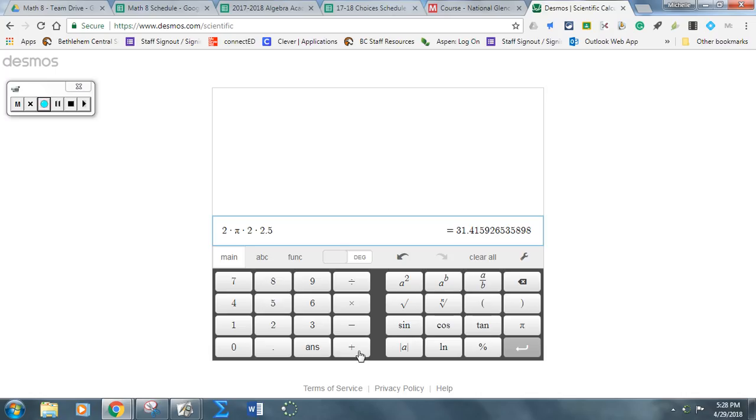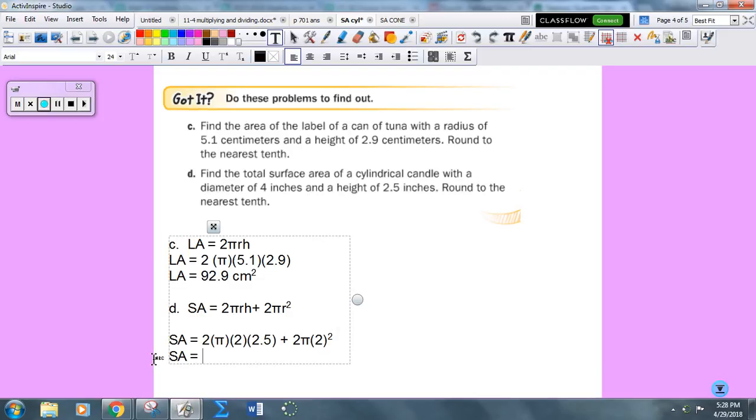That's my lateral area, plus 2 times pi times 2 squared, which is my circles, and that gives me my total surface area. And round to the nearest tenth. So we look at the 4, 5, and it stays the same. And then that's inches squared.